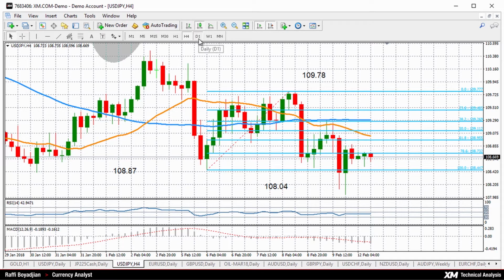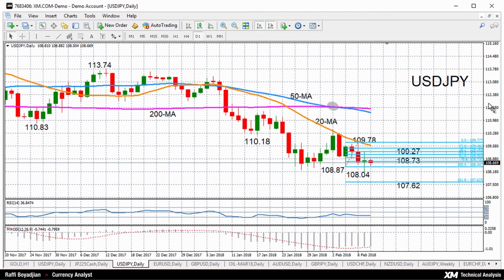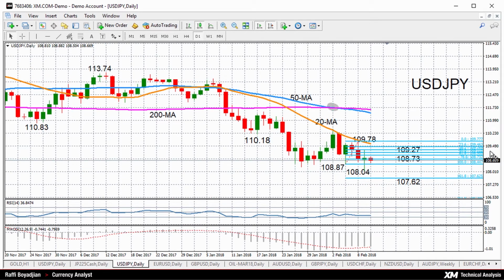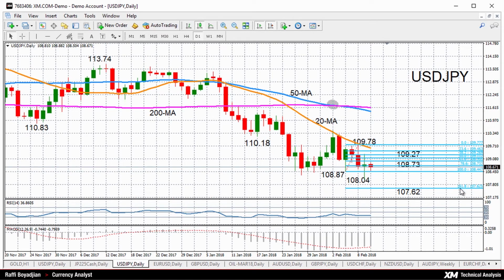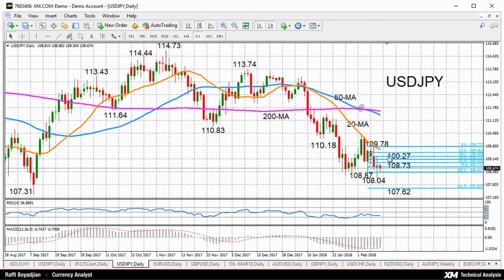109.11. To the downside though, we can see the next target is likely to be the 161.8% Fibonacci at 107.62. That's assuming, of course, that the current support level of 108.04 doesn't hold. In the medium term, the outlook is rather bearish at the moment.